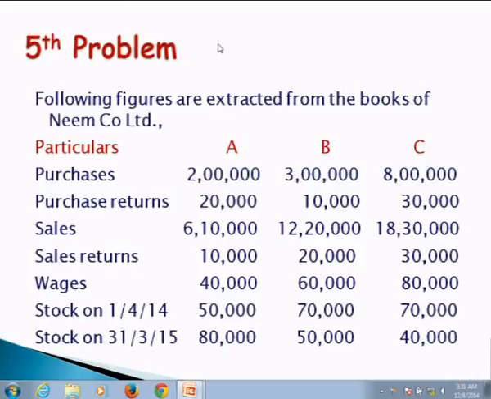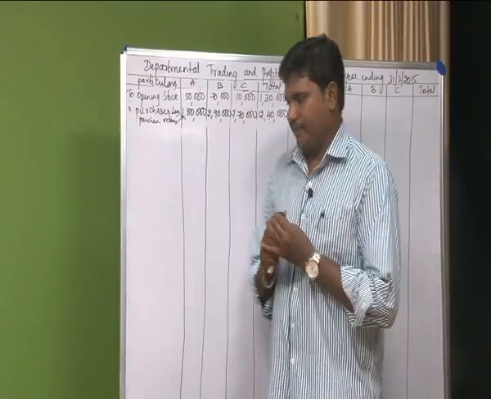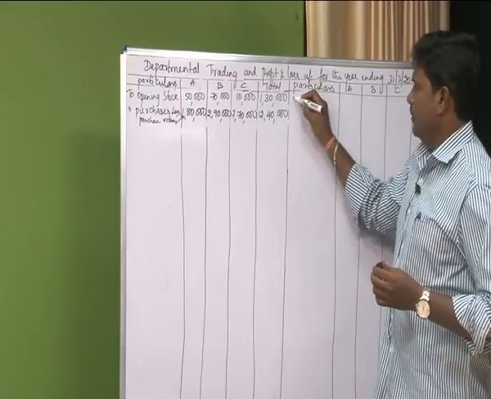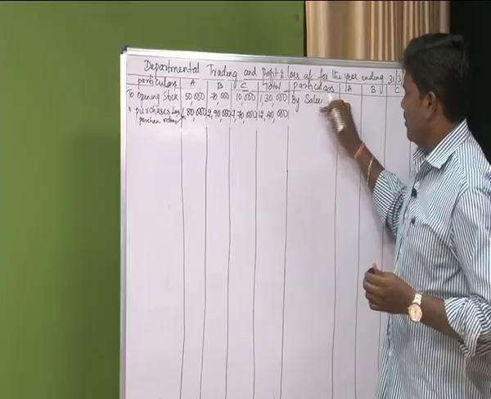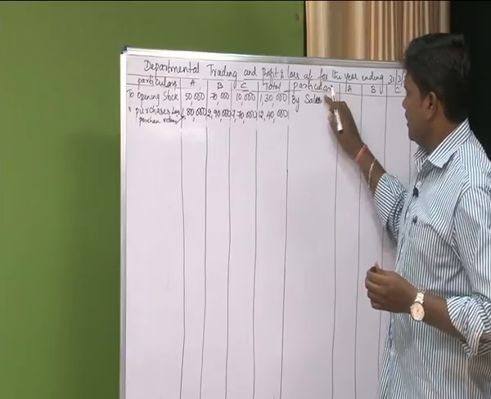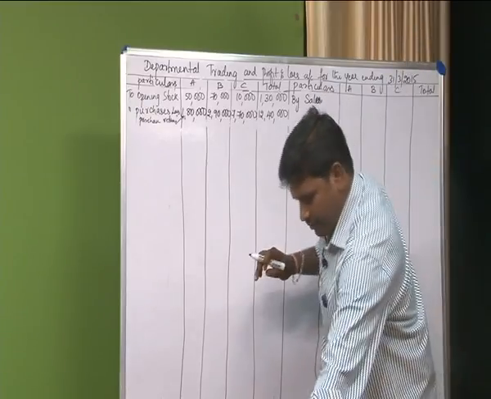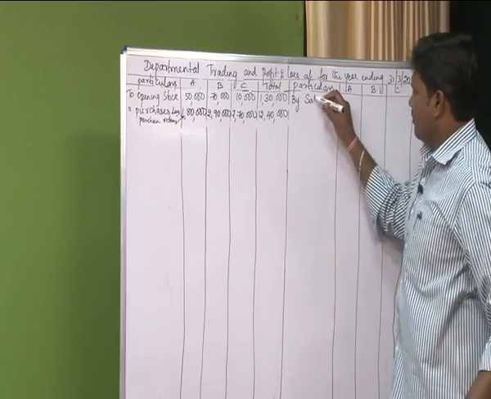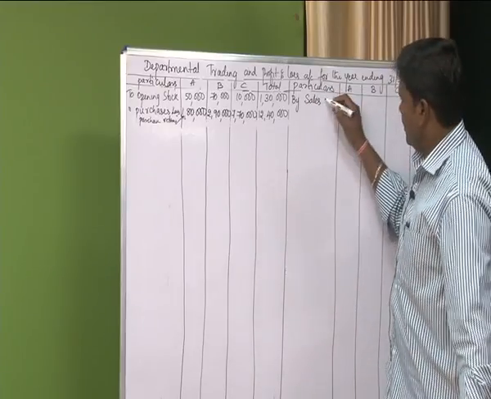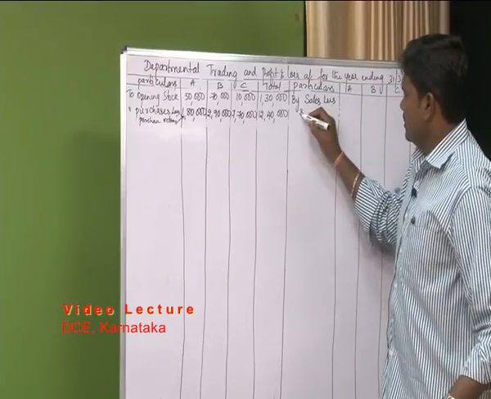So we will take the sales to the credit side of the departmental trading account: by sales less sales returns.